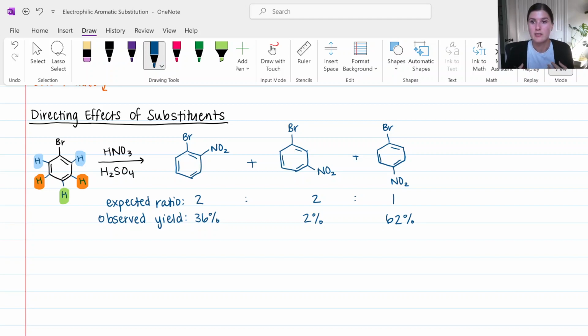So that's what scientists actually observe in reality. And this can be explained through the mechanism, which we will certainly talk about.